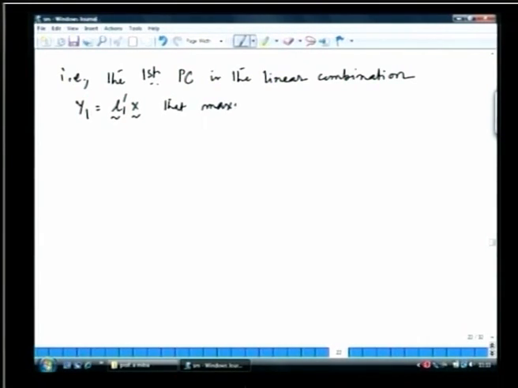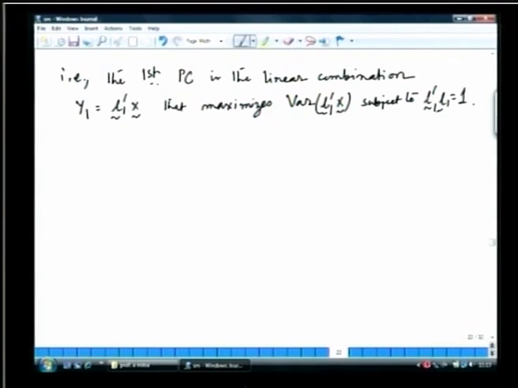it maximizes the variance of L1 transpose x, subject to L1 transpose L1 equal to 1. Now, why is this required? I say that y1 formed as L1 transpose x should be such that the variance of L1 transpose x is maximum.